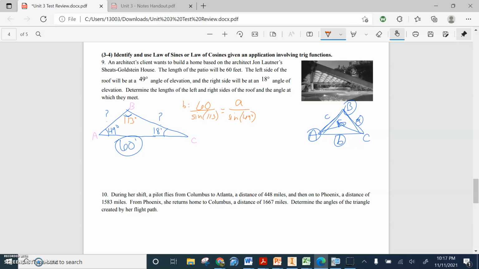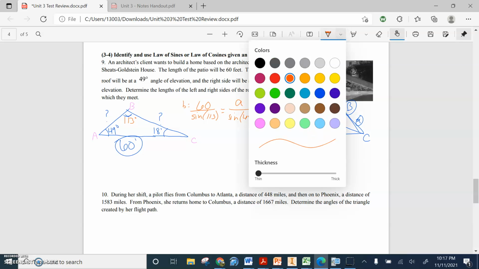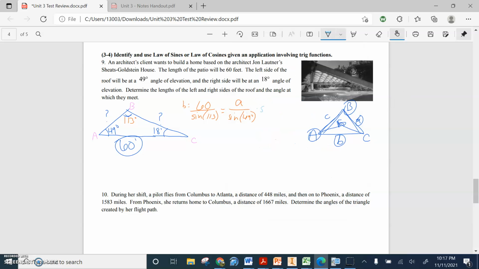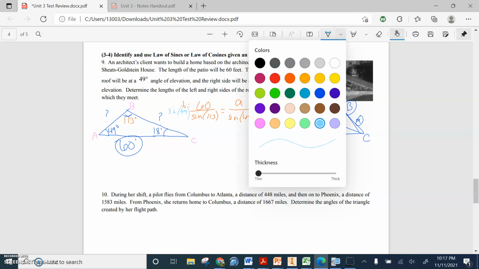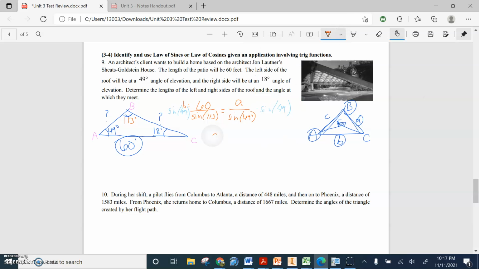So if we simply multiply both sides by sine of 49, what we end up with is that A is 60 sine of 49 all over sine 113. So in your calculator, you just have to do exactly that.